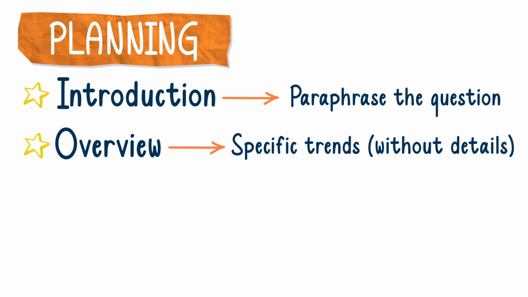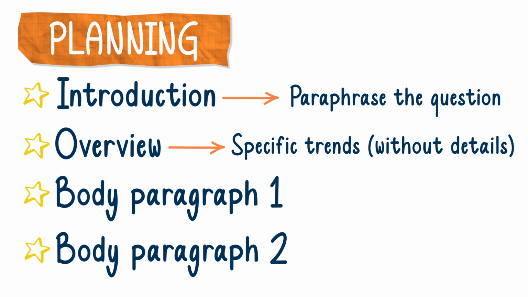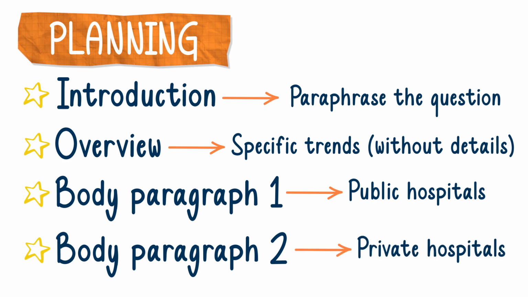Now, it's time to group the data here. If we want to write body paragraphs, we can allocate our first body paragraph to public hospitals, only writing about public hospitals, and the second body paragraph to private hospitals.